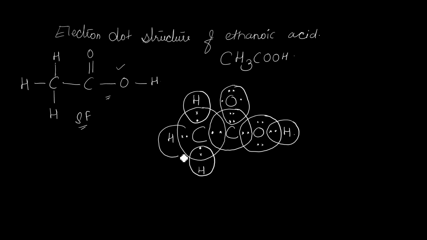So this is the electron dot structure for ethanoic acid, CH3COOH.